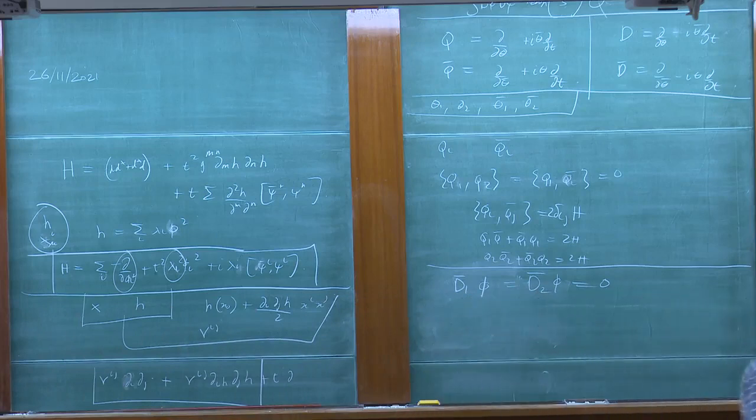Because del bar anti-commutes with supersymmetry, the transformation of phi before and after we put the del bar is the same. So this condition is a supersymmetrically invariant condition, and you can put it and still implement the supersymmetry algebra.